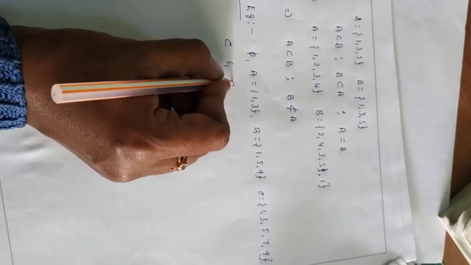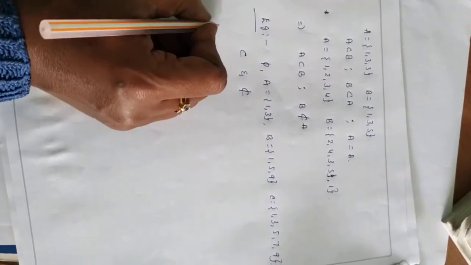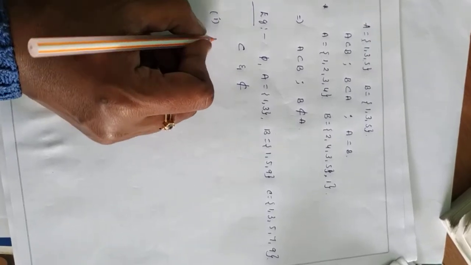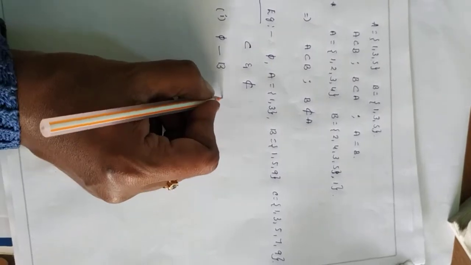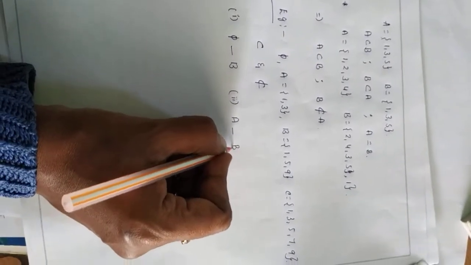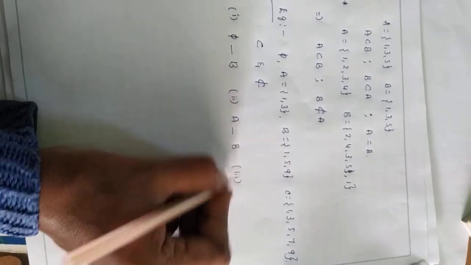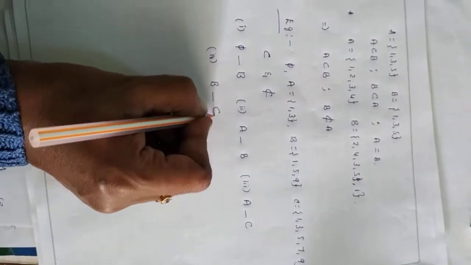We'll check with symbols: insert the symbol subset or not a subset for the following pairs of sets. The first one is null set dash B. Second, A dash B. Third, A dash C. And the fourth, B dash C.